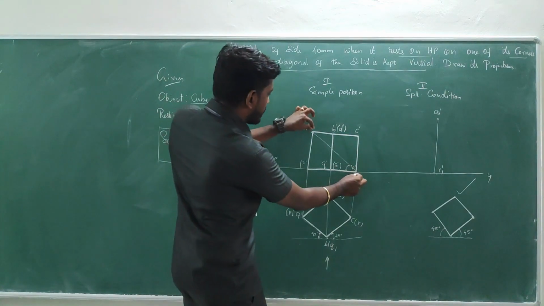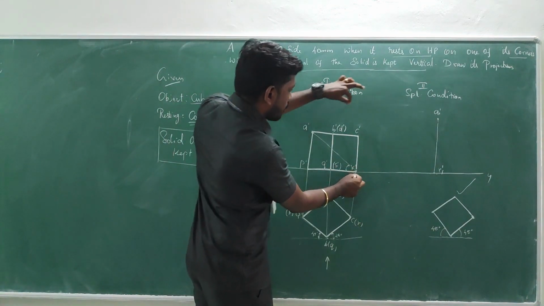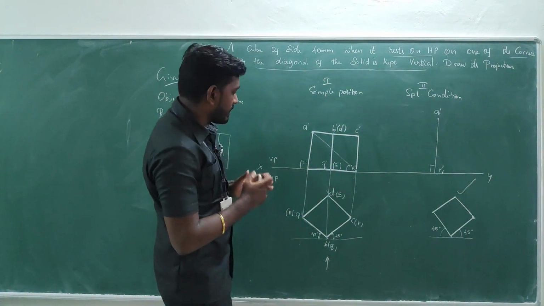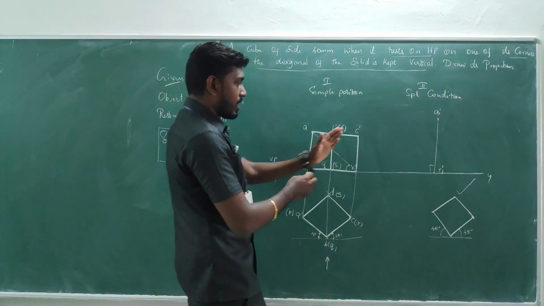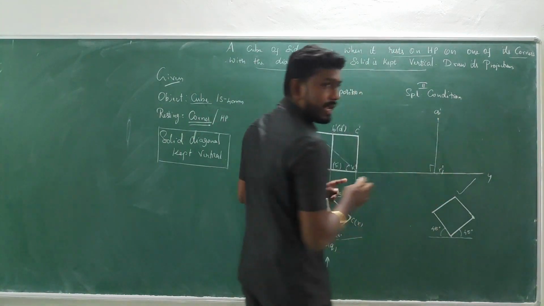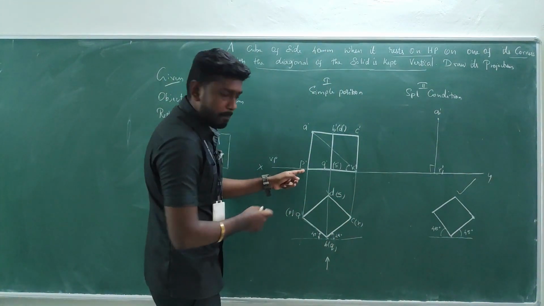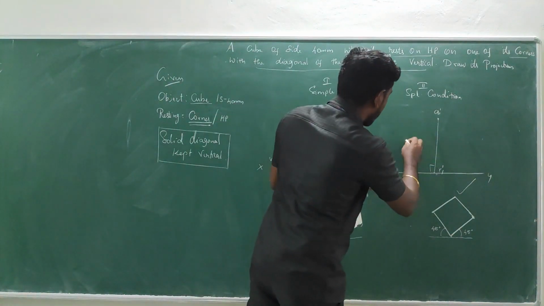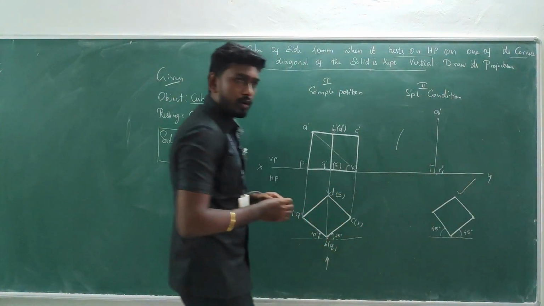When you are tilting the object something like this, 90 degrees, what happens? This P will be coming on the left side and C will be going on the right side. In order to get P, I am going to measure R to P, and keeping at R, take the cut mark.